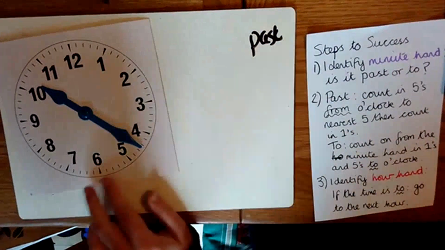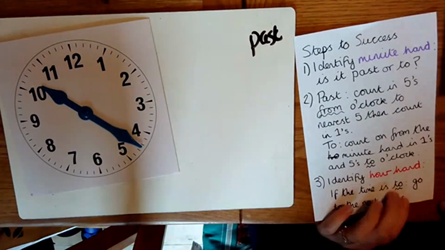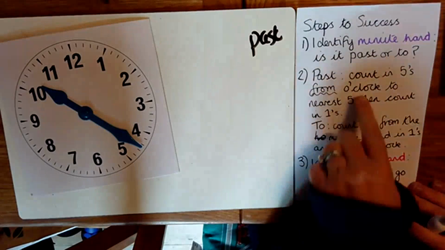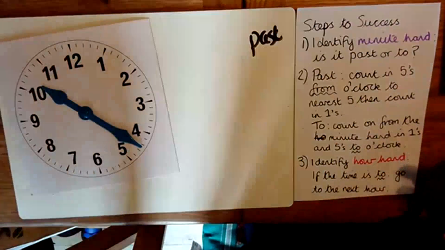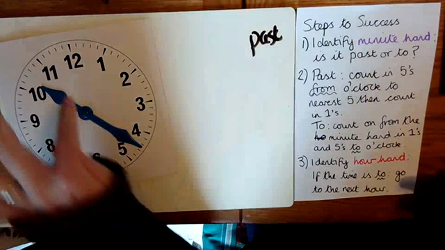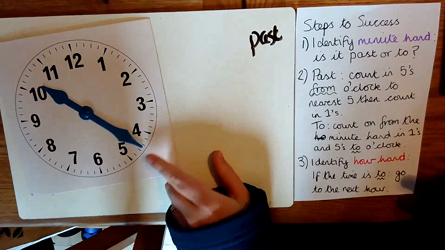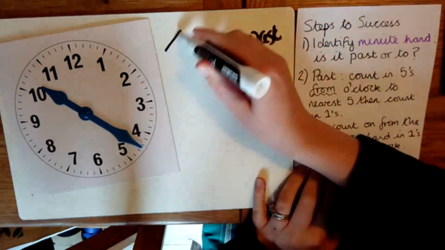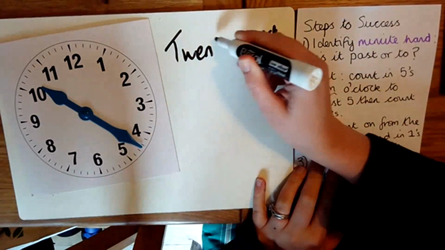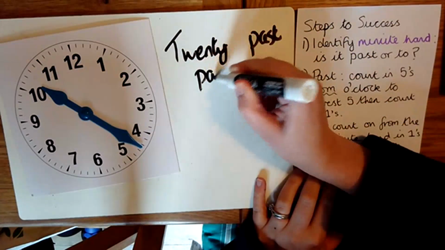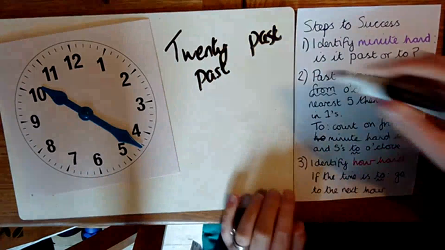It's not past that half past point. So what are we going to do? We're going to count from o'clock until the nearest 5 and then count in ones. 5, 10, 15, 20, 21, 22. So it is 22 past what?